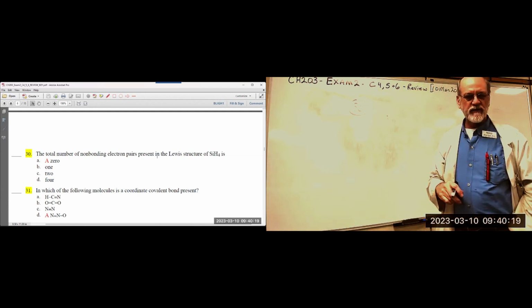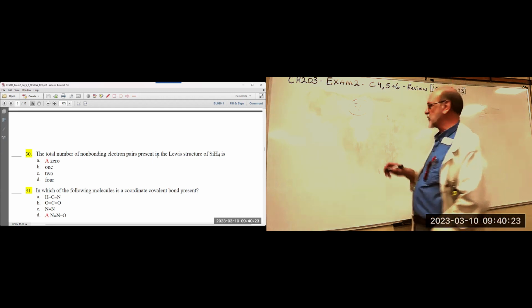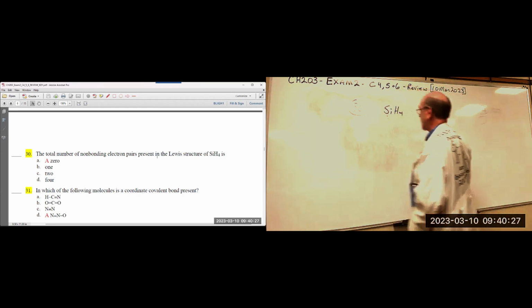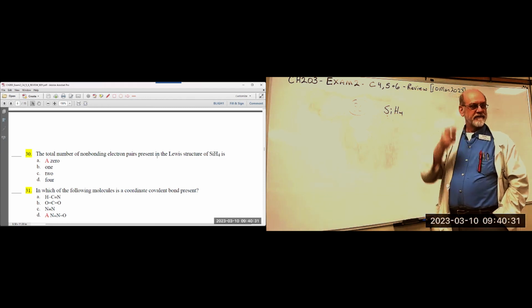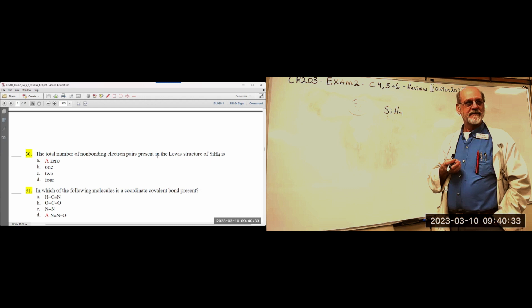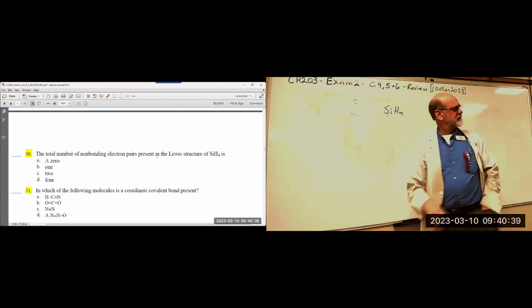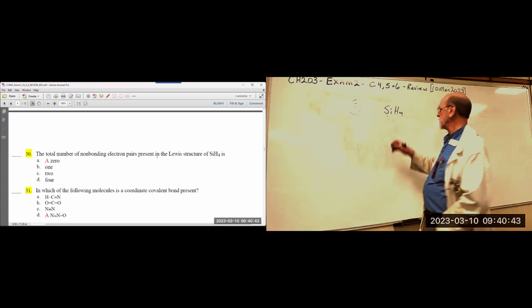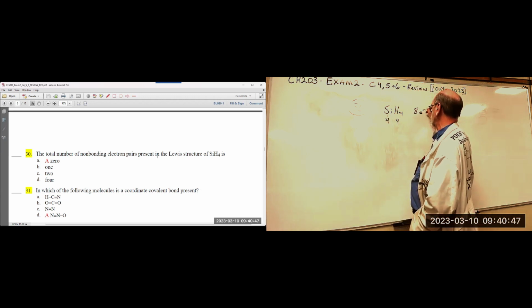Okay, the total number of non-bonding electron pairs present in the Lewis structure for SiH4. So what are non-bonding pairs? They're electrons that are not part of the bond. It's really simple. Silicon should have four electrons and 4 for the hydrogens. So we have 8 total.